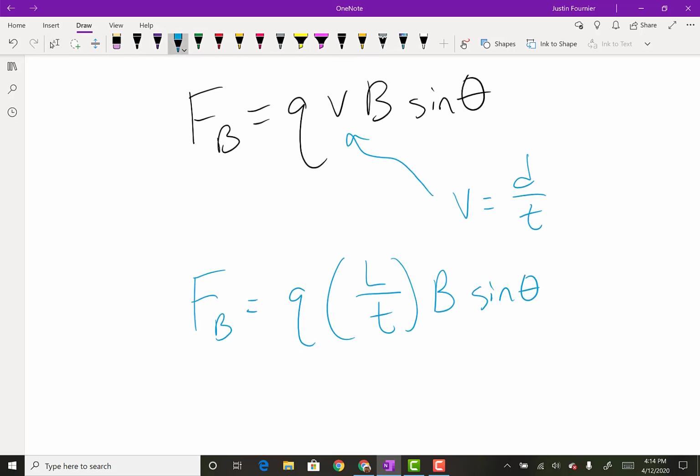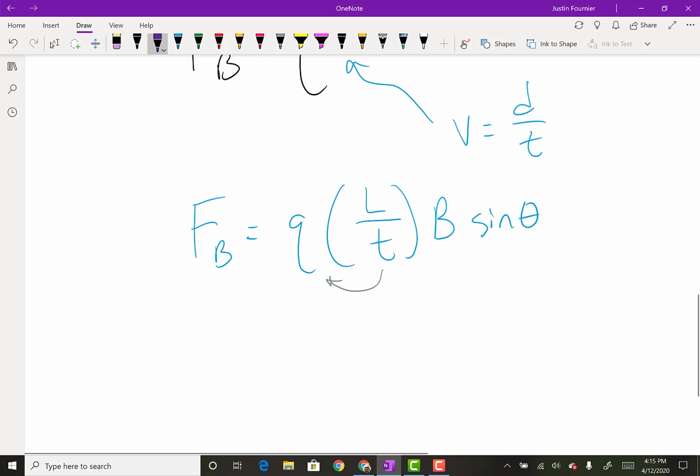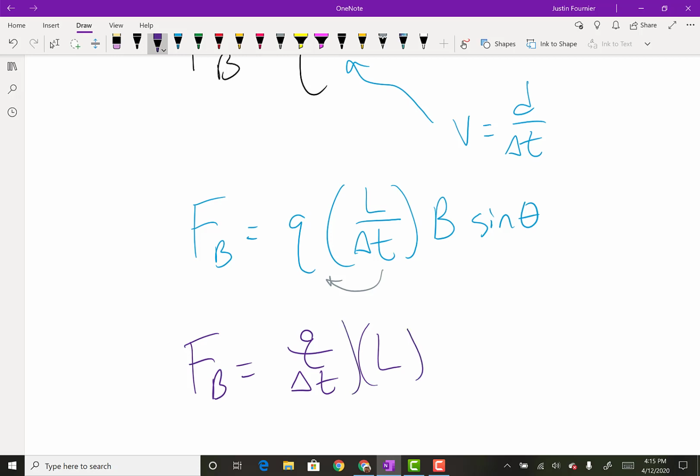So I'll take the t, the time, and put it over here. So F_B equals the amount of charge divided by, let's make that a delta t, the change in time, multiplied by L, and multiplied by B sine theta.